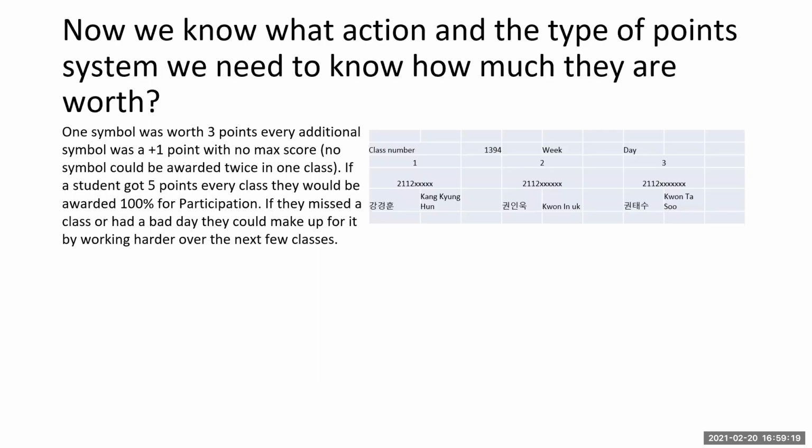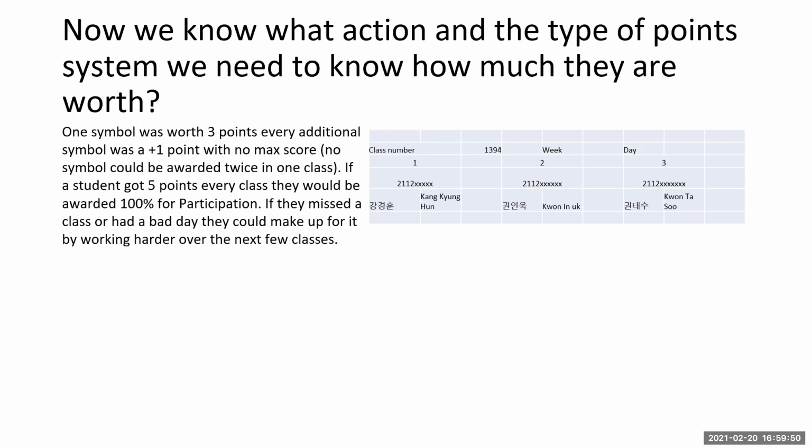So now that we know what the actions are that we're looking for, and we know the type of point system that we're using, which is just simple XP points, we need to know how much the actions are worth. So I decided that being present, even being present in the back of the classroom, was enough to get you a C in participation.